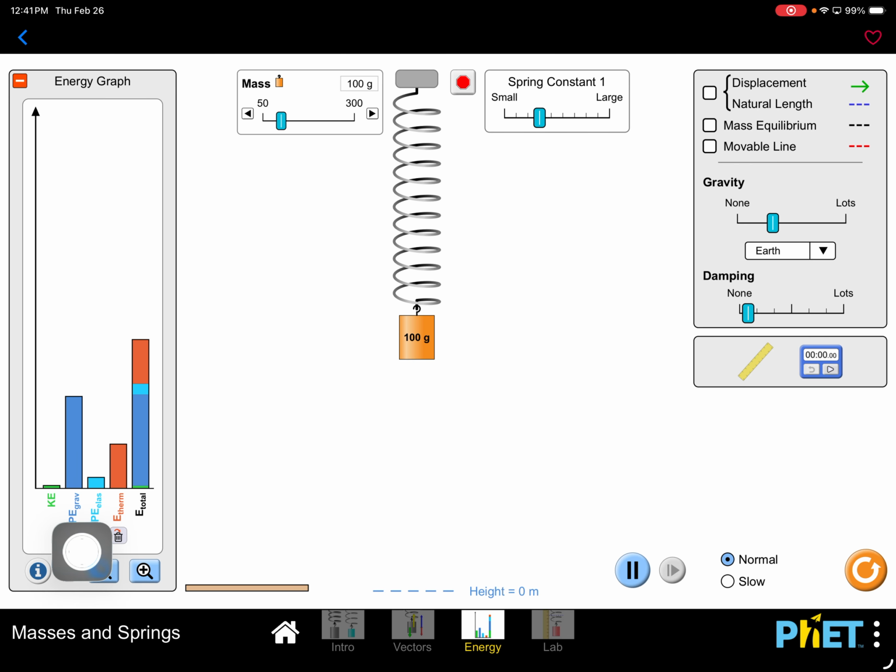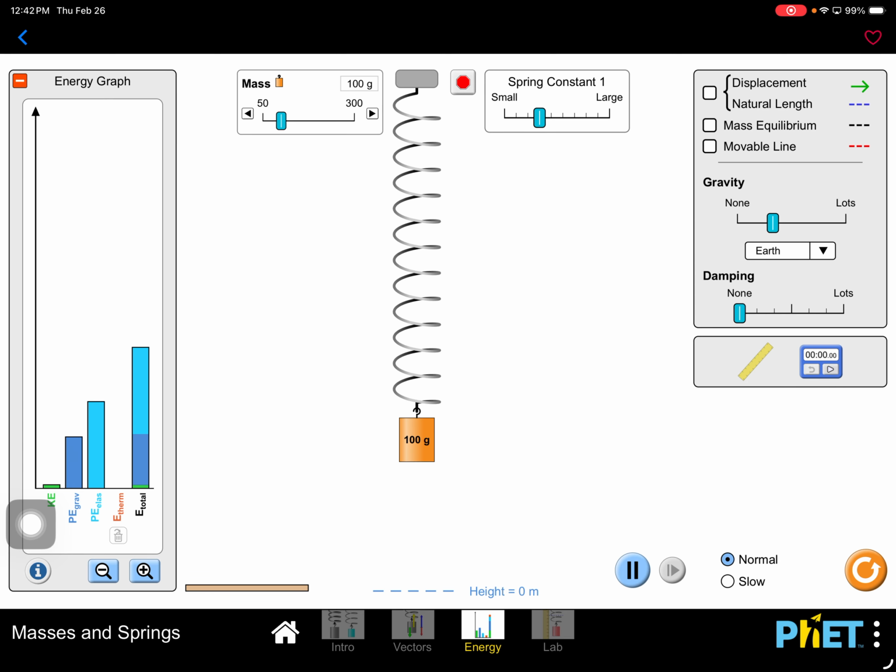Okay, so you see there's the gravitational potential energy, there's the spring potential energy, and there's kinetic energy. And we don't want any damping. Damping, what is damping? Damping is friction. Okay. So right now we don't have any damping.